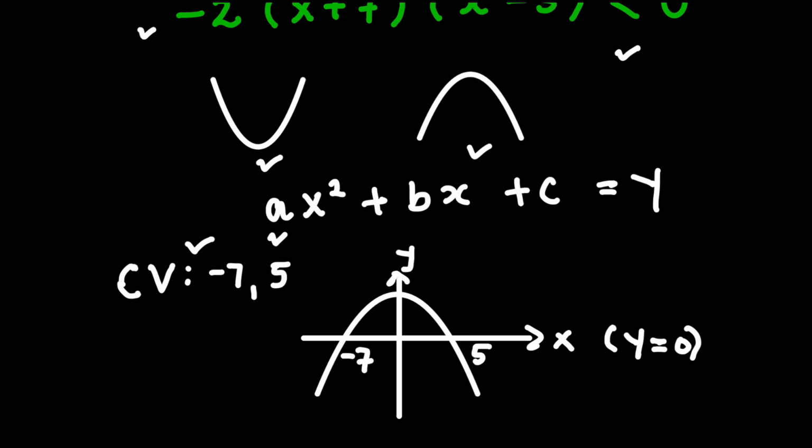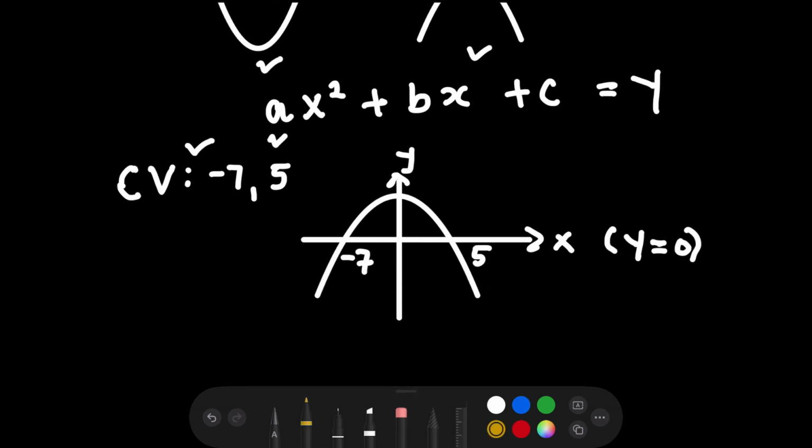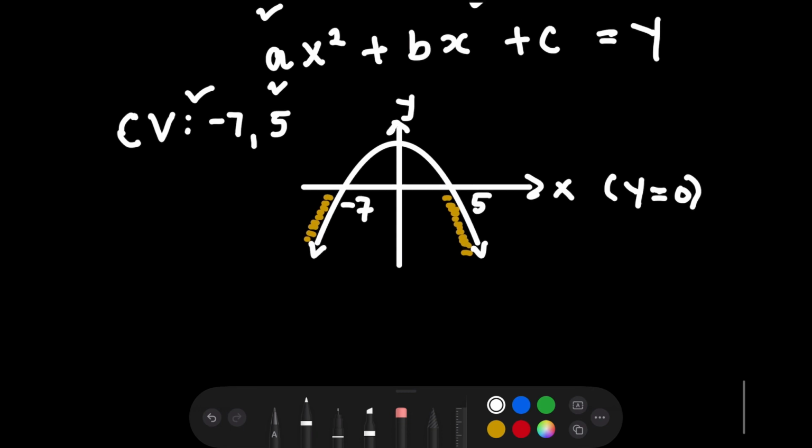So if you look here, it is below the x-axis here and here, below this point, and obviously this graph goes further down in this fashion. Now we need to express this.